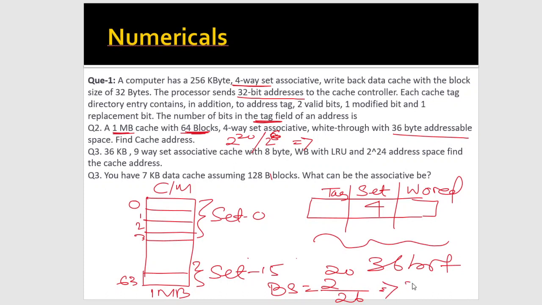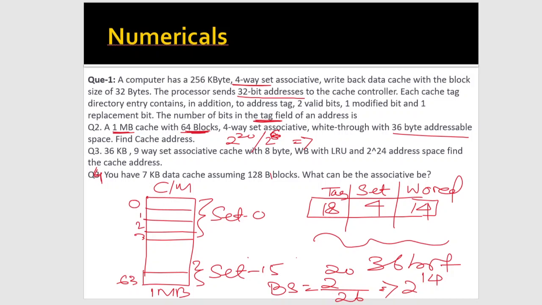So it will be 2 to the 14. Number of words in a block is 2 to the 14, so 14 bits. 14 plus 4 is 18. So 36 minus 18 will be my tag bits. Clear? So this way you can determine the remaining questions, question number 3 and question number 4. So it is for your practice. If you have any doubt, you can ask me later.